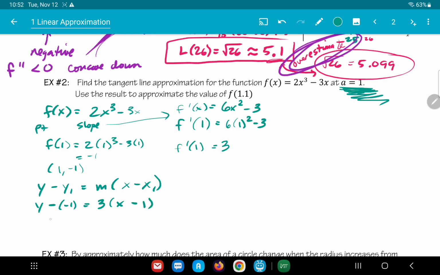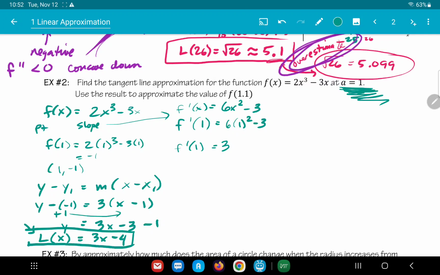So moving a couple of things around, we see that this is really plus 1, but to move it over, we're going to get 3x minus 3, and then we're going to have to subtract 1 to move that 1 over to the other side. In its final form, remember that y is the same thing as L of x. Don't forget to write it as L of x is equal to 3x minus 4. That right there is our tangent line approximation.